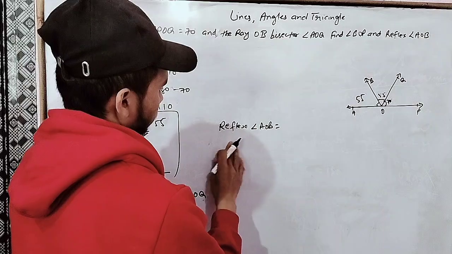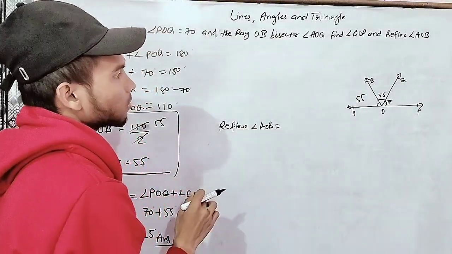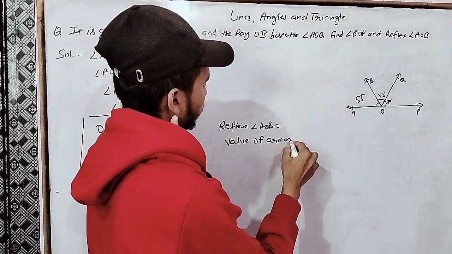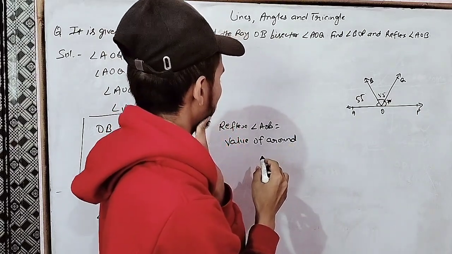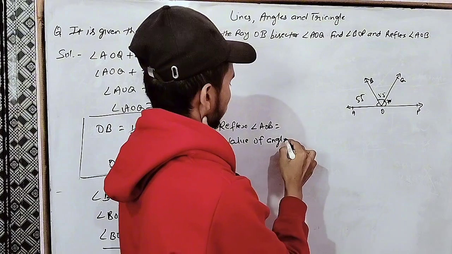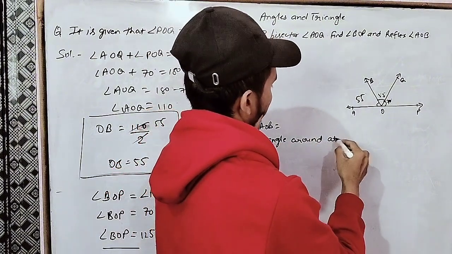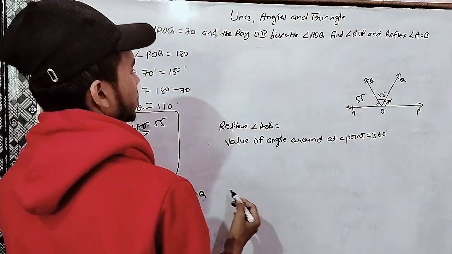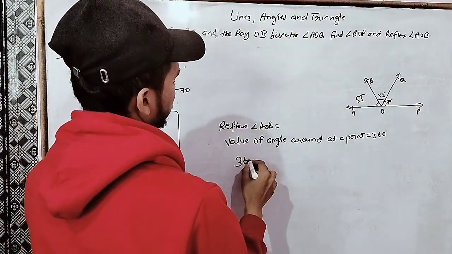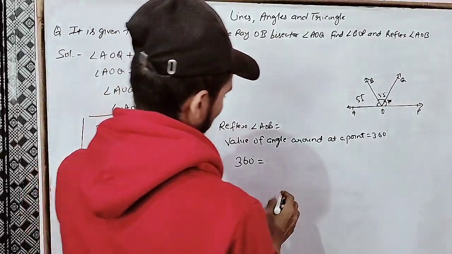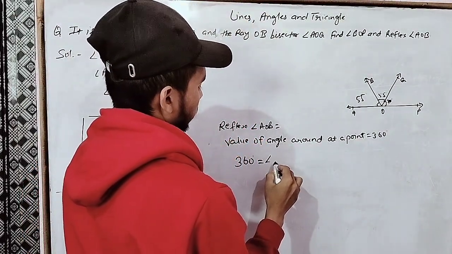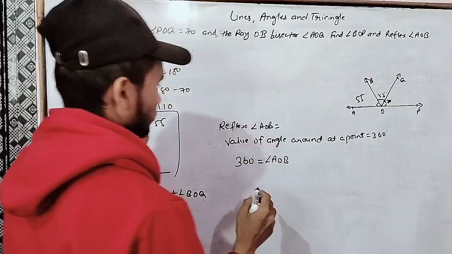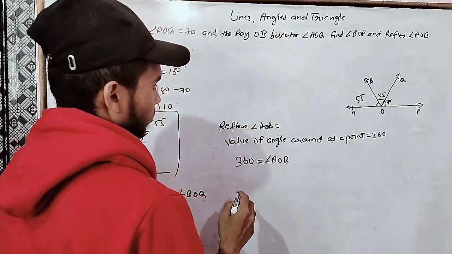So can we write reflex. The value of angle around a point is 360 degrees. We already have angle AOB, which is acute.